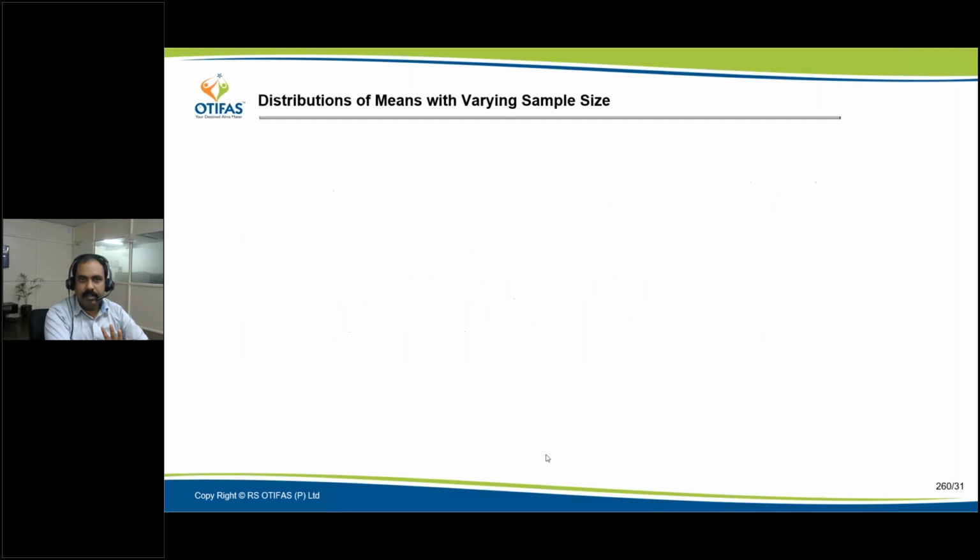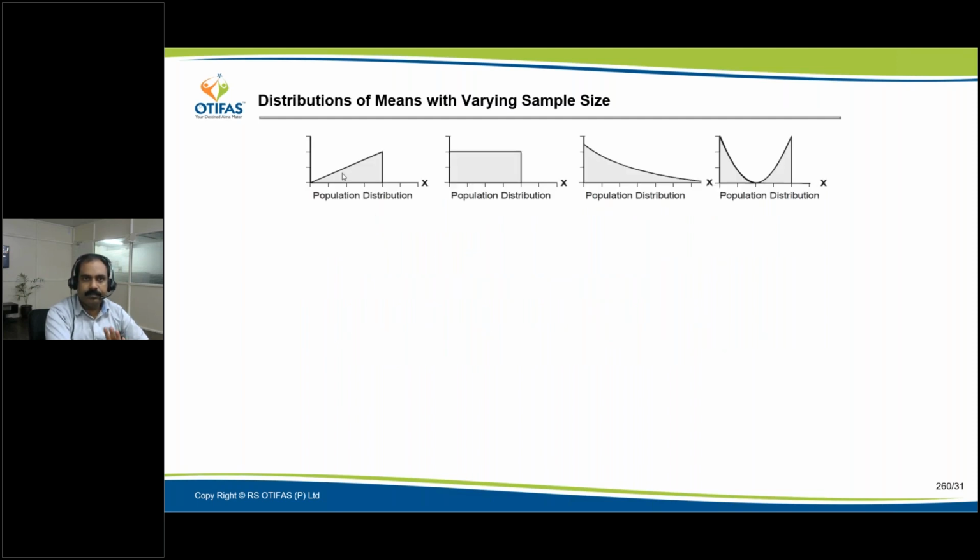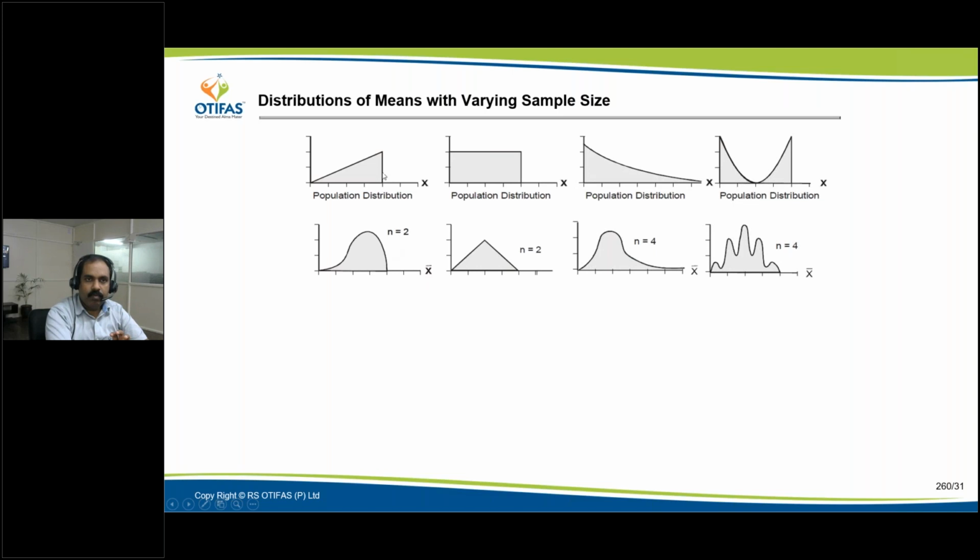See now the population distribution. For example, I get a population distribution like this. The population distribution is always unknown unless you do the complete data and plot it in a histogram; you will not come to know what kind of population distribution it is.